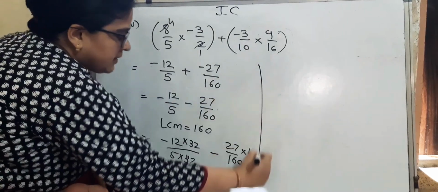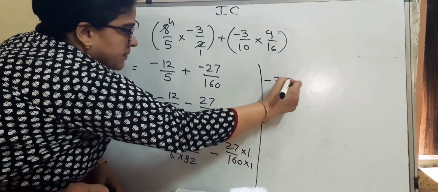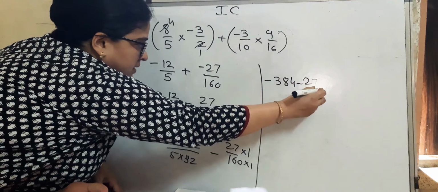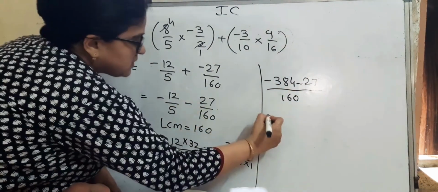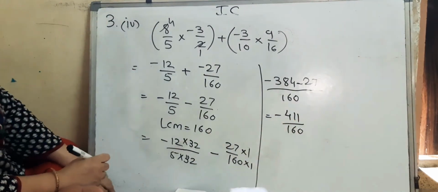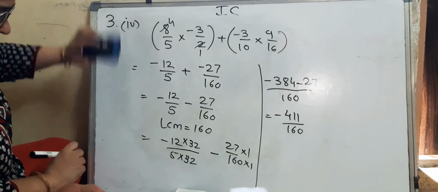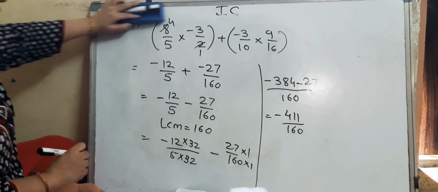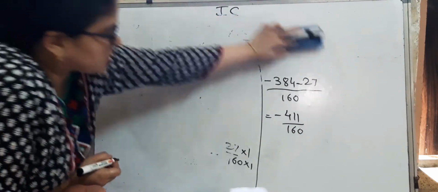So you will get minus 384 minus 27 upon 160. The answer is minus 411 upon 160. This is the answer. Fourth sum. So we completed the third question, 1C third question. Now move on to fourth question.